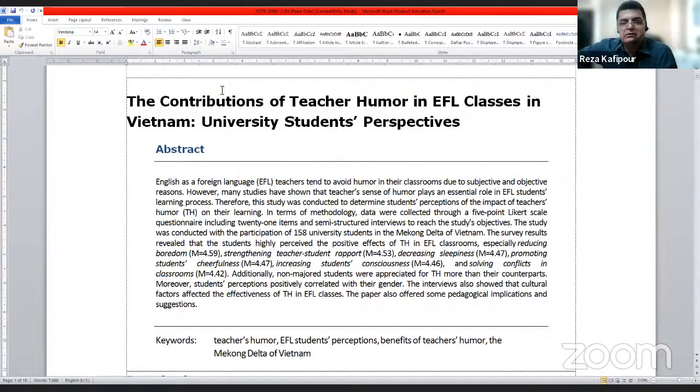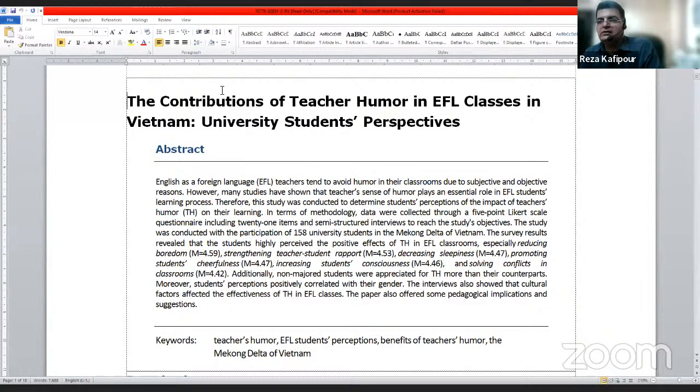So based on the topic, it is very interesting because when we are talking about humor, for example, in our own culture, we should be very cautious in using humor in the class. For some specific ages or academic levels, it is very effective in teaching, but it is actually harmful for some other age levels or academic levels. For example, we say using humor in master's or PhD classes is a very effective technique here.